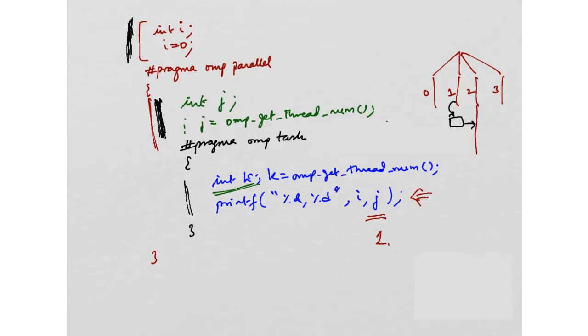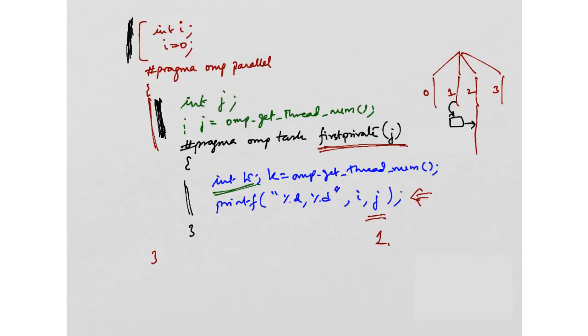Alright, so all the variables that are defined after hash pragma omp parallel, where the parallel region starts, if I access them inside the task, actually a new copy is created for them, right? This is same as scoping the variable as firstprivate j.